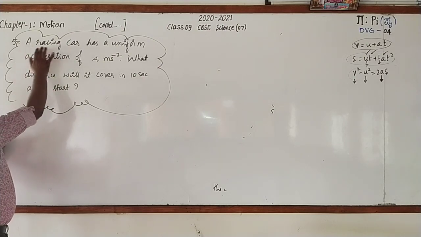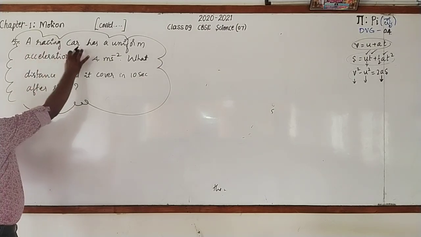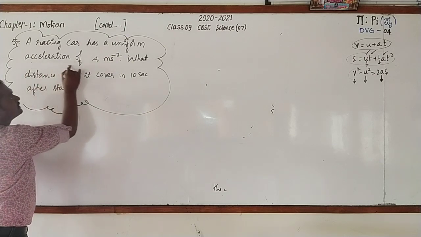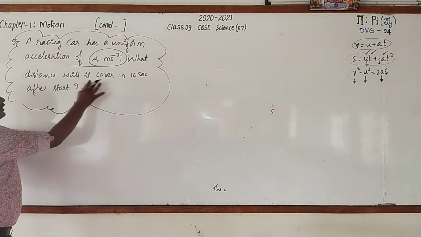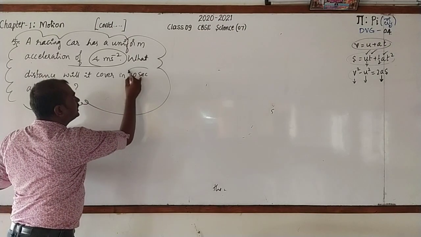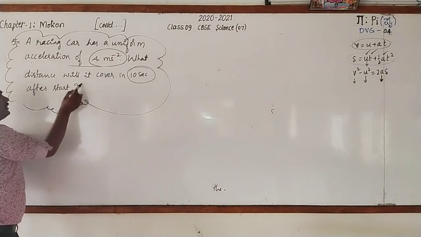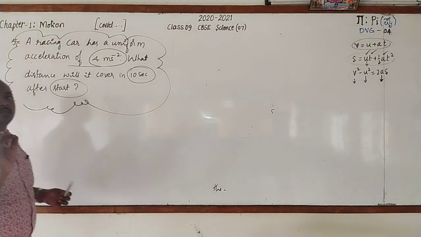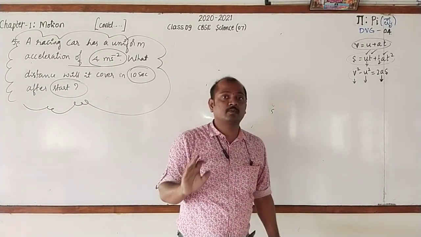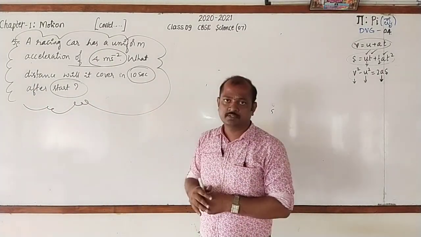See that a racing car has a uniform acceleration of 4 meter per second square. What distance will it cover in 10 seconds after start? Okay, very simple one. Just we have asked only one physical quantity. You try to solve this.